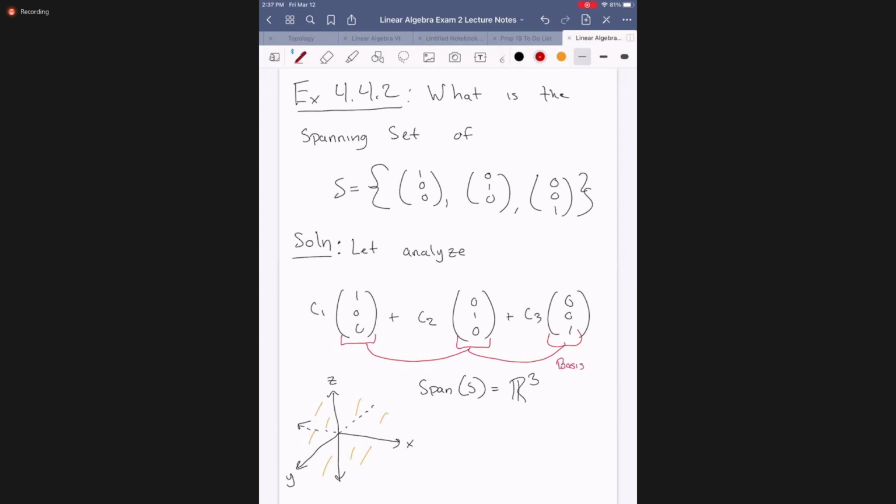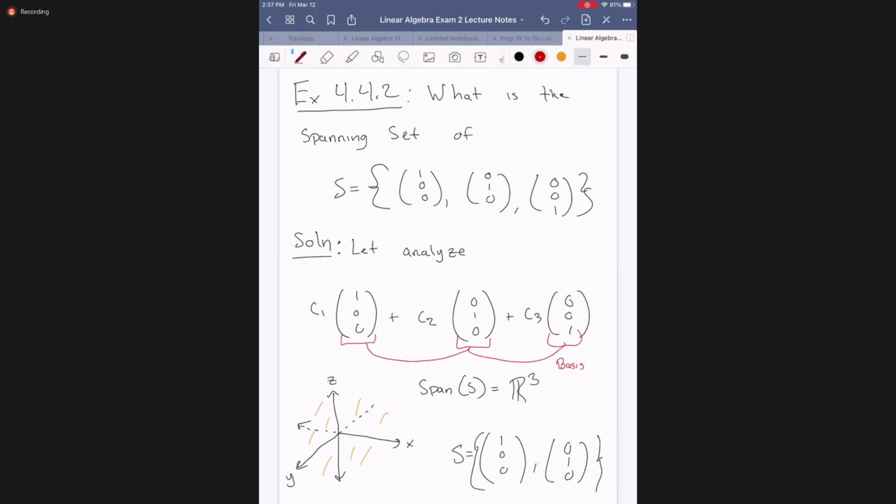No, it wouldn't work for every spanning set. For example, if I just took S equal to (1, 0, 0) and (0, 1, 0), and that's it, this wouldn't span all of R3. This would actually just span the XY plane.